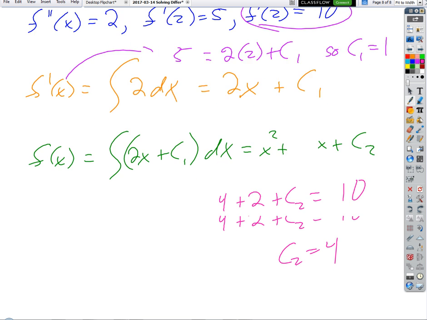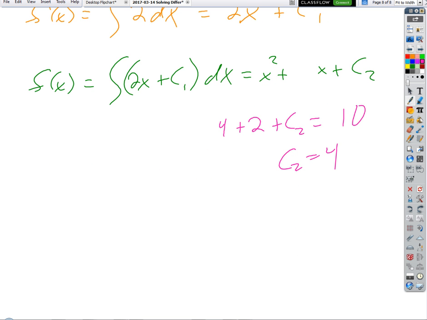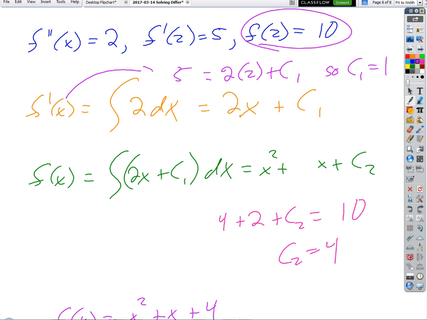And so then we end up with the particular solution, f of x equals x squared plus x plus 4. Think what we did there: we found the one function whose derivative passes through this point and for which the function passes through that point.